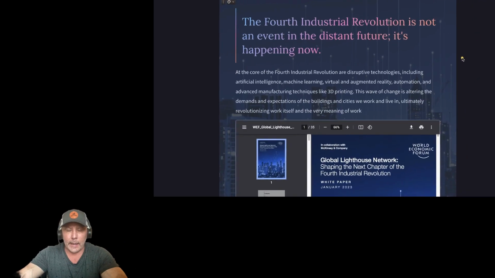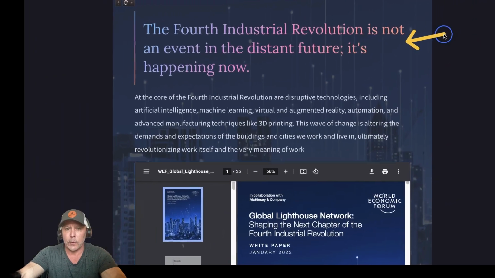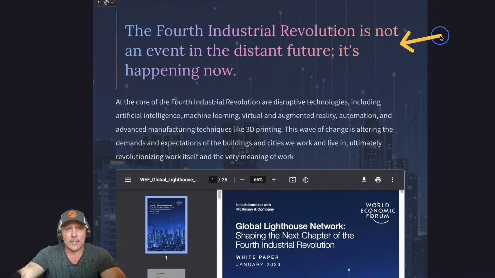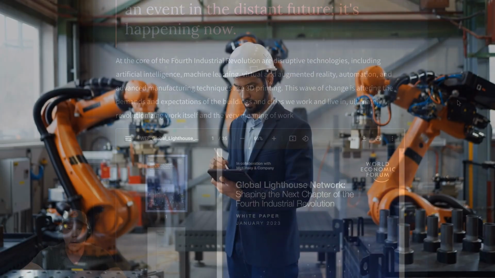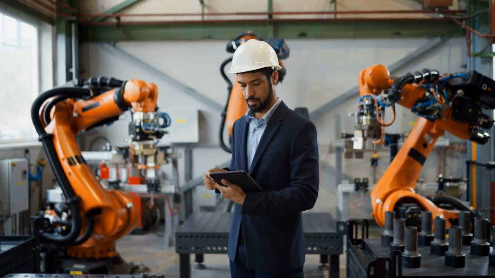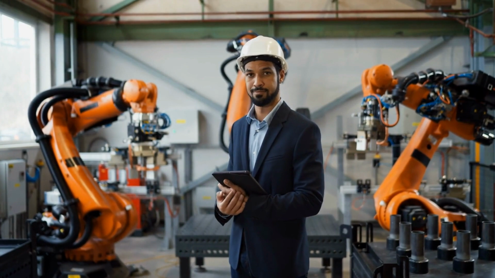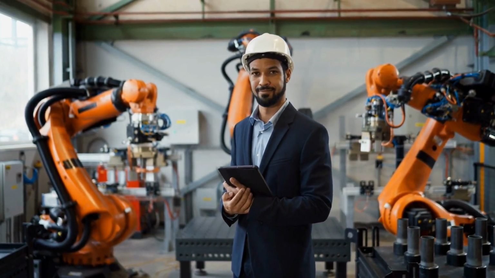All right, so let's talk now about the why. The 4th Industrial Revolution is not an event in the distant future. It's happening now. At the core of the 4th Industrial Revolution are these disruptive technologies. Think of ARK Invest, if you're familiar with Cathie Wood. They're all about this disruptive tech.